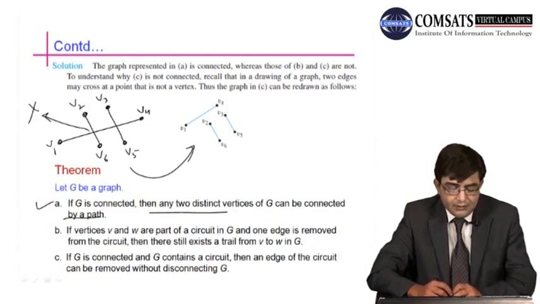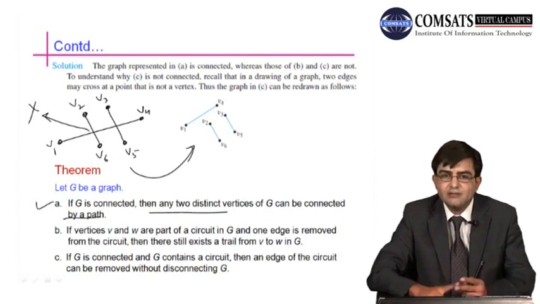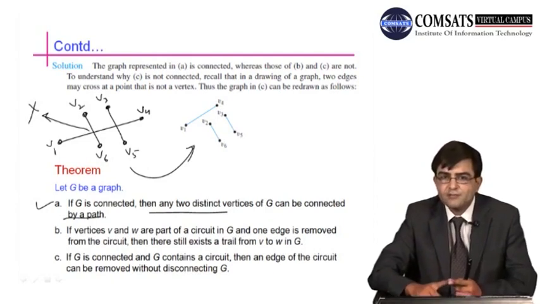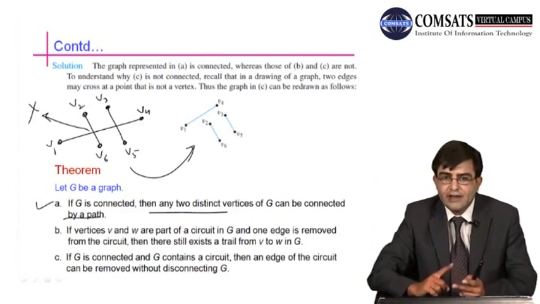The second, in part B: if vertices V and W are part of a circuit in G. Now recall the definition of a circuit: the starting and ending point must be the same, it contains at least one edge, and it must not contain a repeated edge.